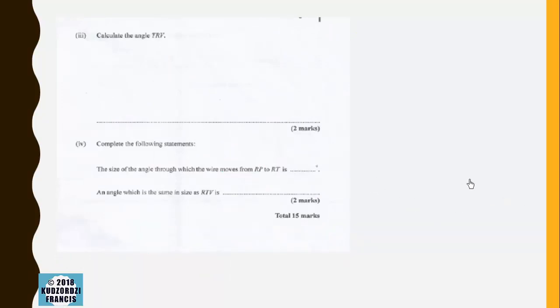So that angle is 90 minus 80.27, and that will be equal to 9.73, which is equal to 9.7 degrees to one decimal place.